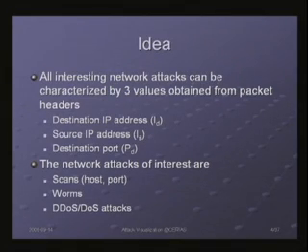If you look at DDoSes or DOSes, you will see that the source IP addresses are usually spoofed, meaning forged, in order to evade traceback. If you look at scans or worms, you will mostly see that the destination port is fixed.